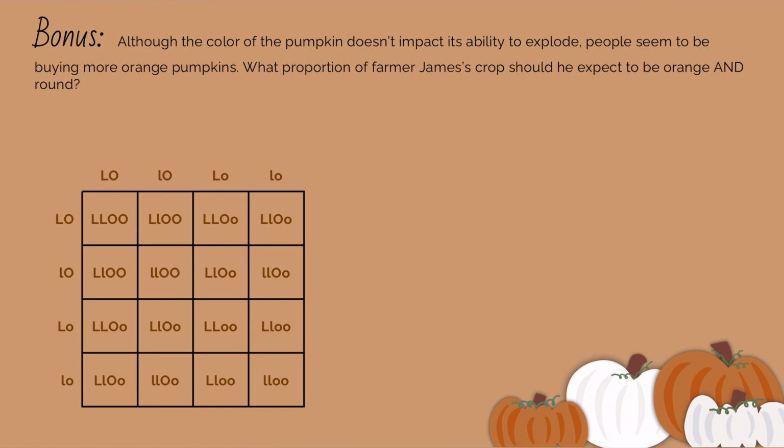Now for a bonus, the color of the pumpkin doesn't really impact its ability to explode, but people seem to be buying more of the orange ones. So Farmer James wants to know how much of his crop he should expect to be both orange and round.